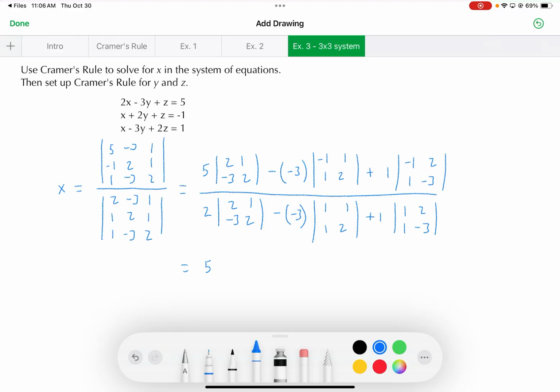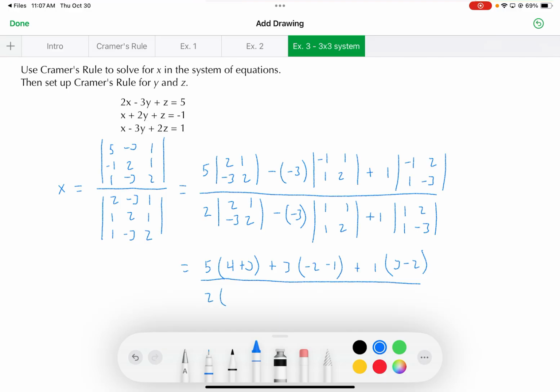All right, evaluate your second order determinants there. So you'll get a 4 plus a 3, add 3, negative 2 minus 1, add 1, 3 minus 2.